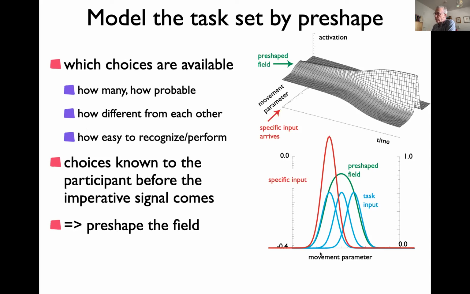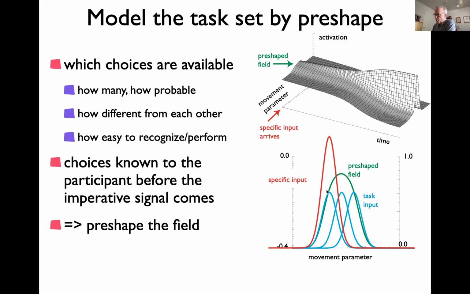So in this simple case, we're assuming it's a three-choice task. There are three possible values of this movement parameter. These curves here would reflect those, and the field would maybe be pre-shaped. It's all sub-threshold here, but pre-shaped over, maybe, the center of gravity of these three inputs. And so if a particular command arises, it wouldn't arise on top of a homogeneous flat field in the resting state.